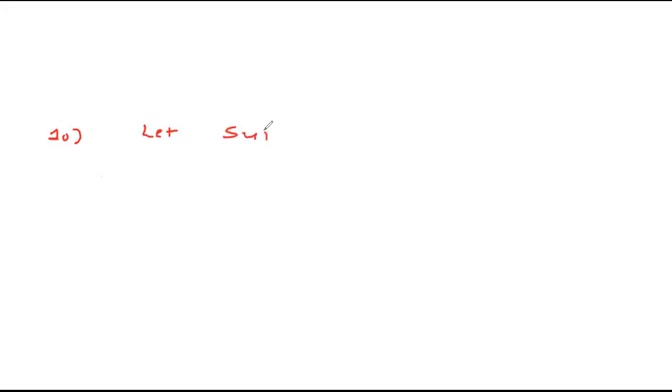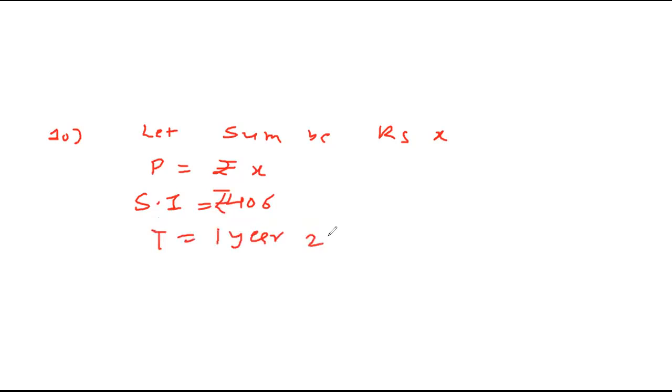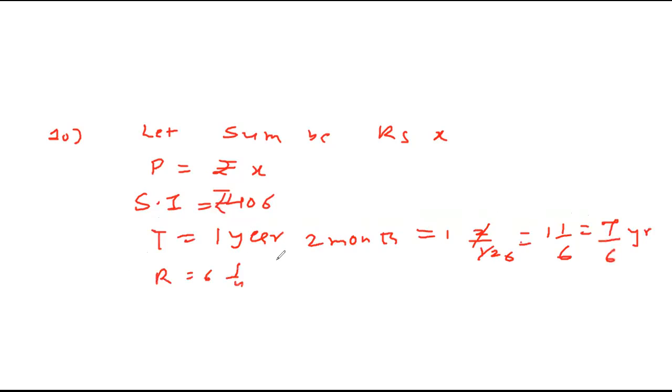So let the sum be rupees X. So P is rupees X. Simple interest is 406 rupees, in 1 year 2 months. 1 year 2 months will be 1 plus 2 by 12, 2 by 12 is 1 by 6, that is 7 by 6 year, at the rate of 25 upon 4% per annum.